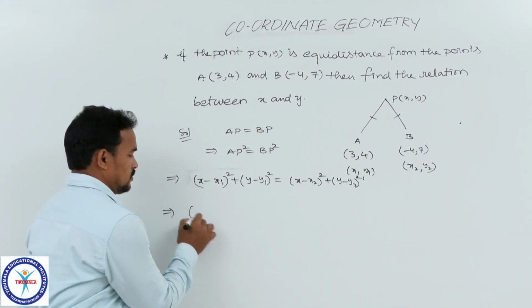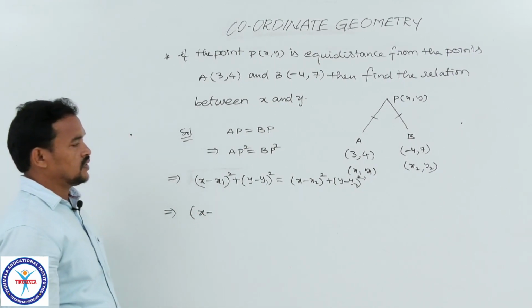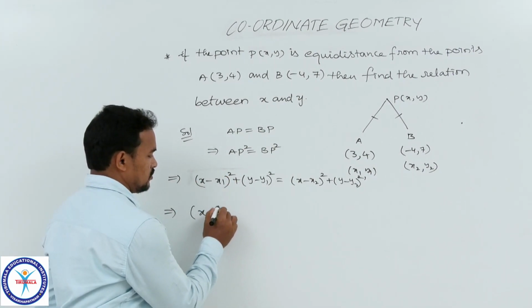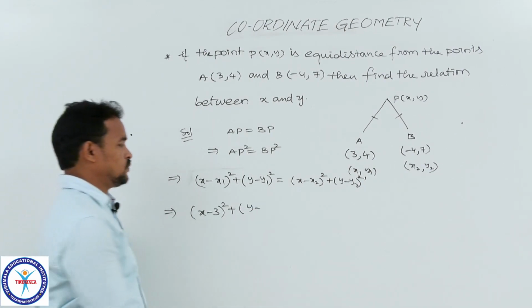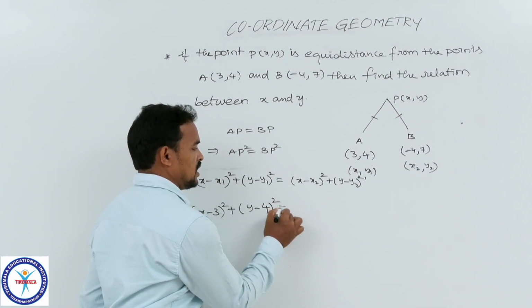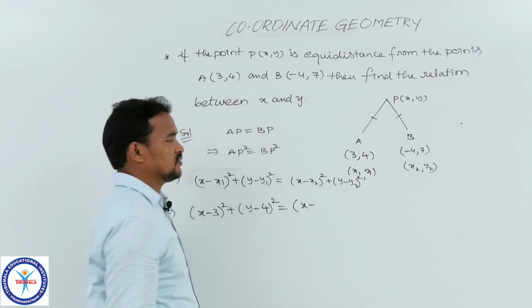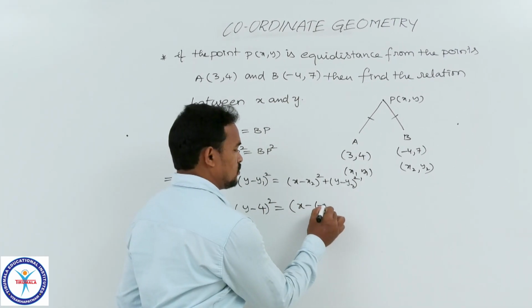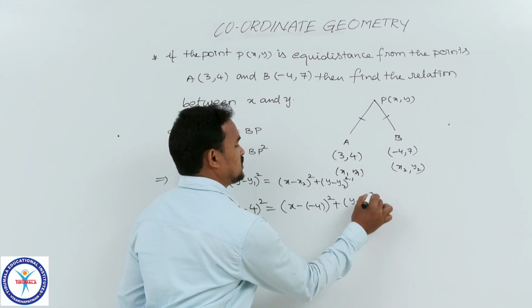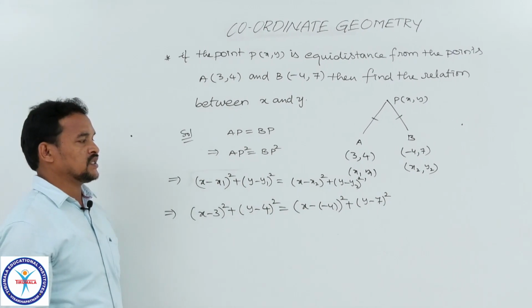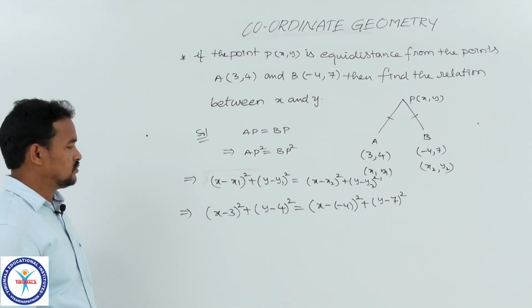After that, x minus, here x1 value is 3 plus y minus, y1 value is 4. Similarly, x minus, x2 value is minus 4 plus y minus, y2 value is 7. Y minus y2 whole square.